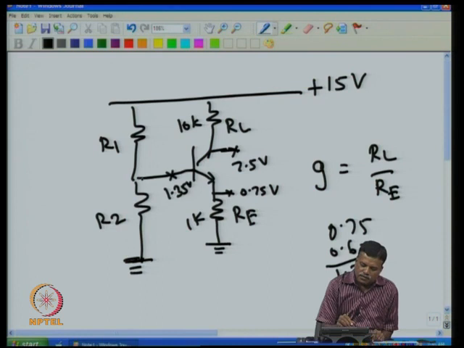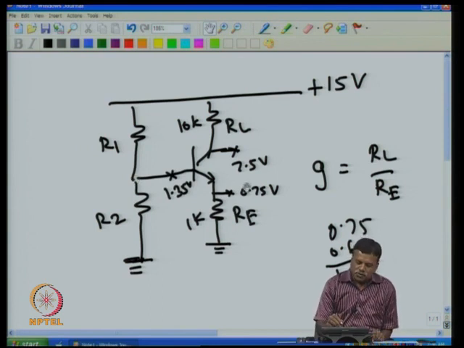We can get various combinations from 15 volt. All that is needed is to get 1.35 at this point, which makes this point sit at 0.75, and this point will sit at 7.5. That is the required starting point.